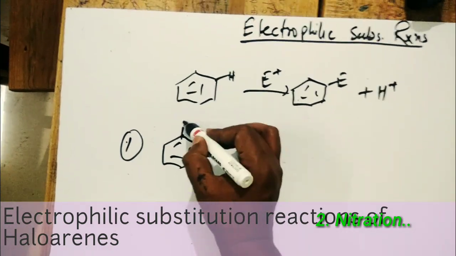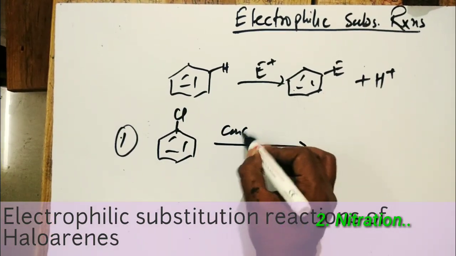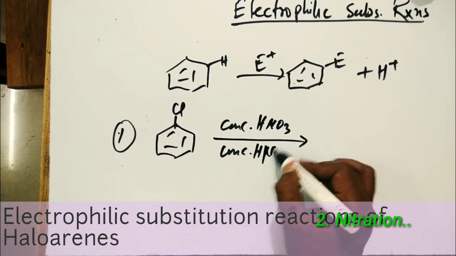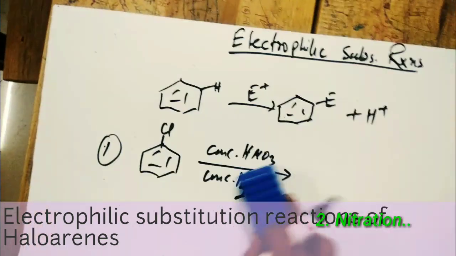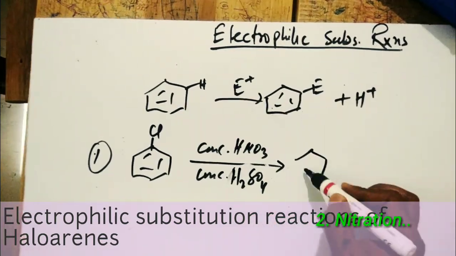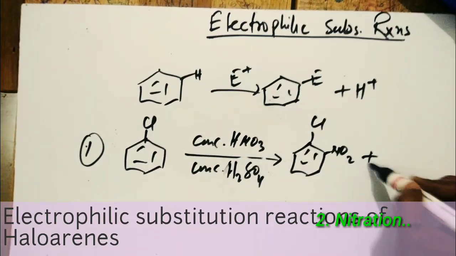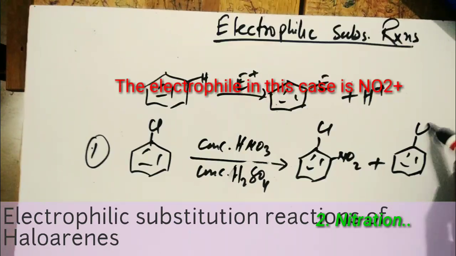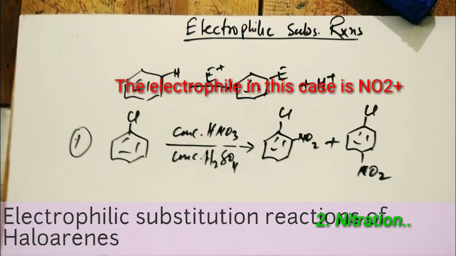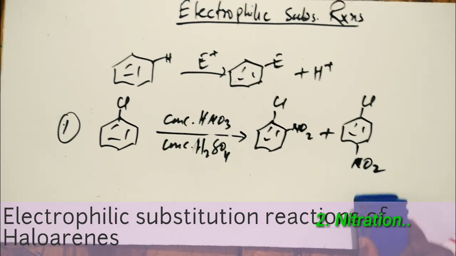Now I am taking chlorobenzene and it is reacted with concentrated HNO3 in presence of concentrated H2SO4 to form these products. Since again chlorine is an ortho and a para directing group, here also the para isomer is the major product.